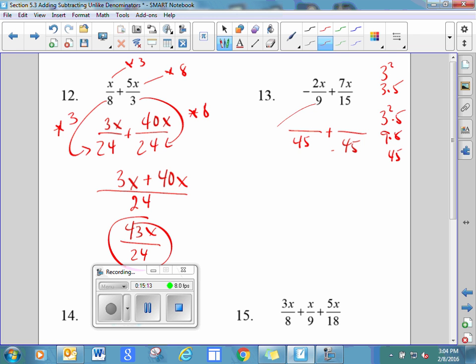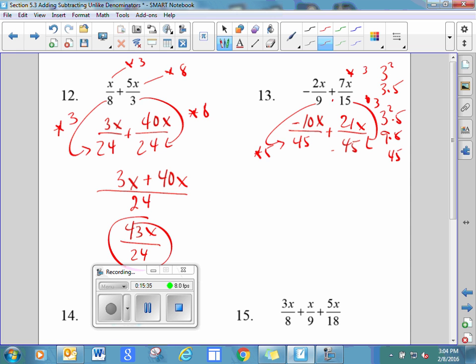So 9 times 5 is 45, and this negative sign just comes right down, and the 2x times 5 is 10x. I'm going to worry about the negative sign a little bit later, not right this minute. 15 times 3 is 45. So 7x times 3 is 21x.